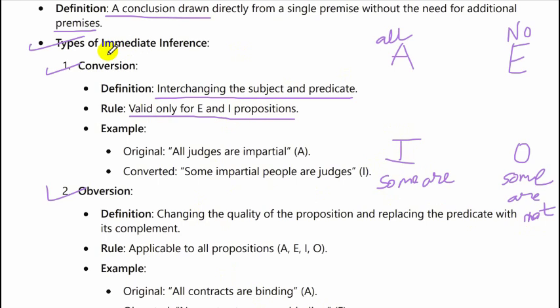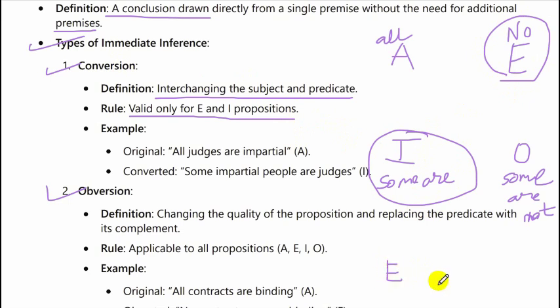So in the immediate inference for conversion, basically the conversion process involves only the E proposition and the I proposition. In conversion, we can convert the E proposition to an E proposition. This is a simple conversion.